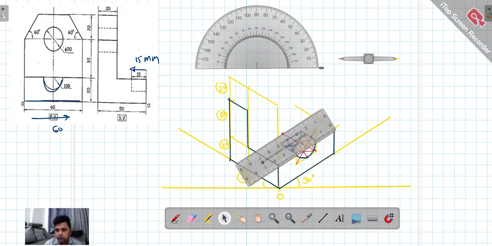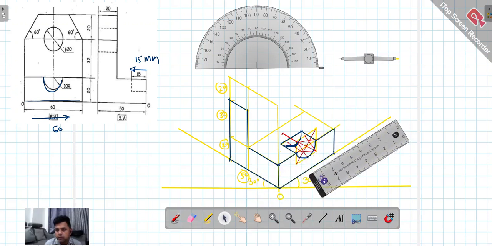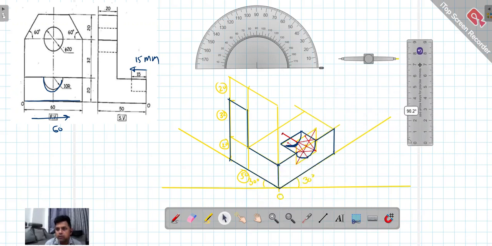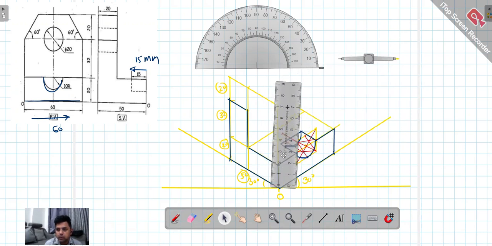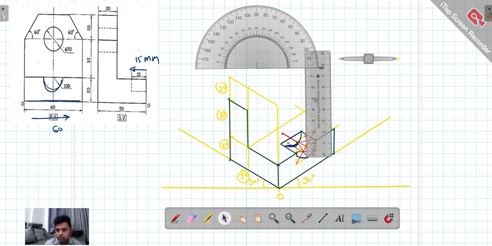Parallel to this line, we'll draw from this. Then, again, I will rotate my scale and parallel to this vertical line, I am drawing one more line here.